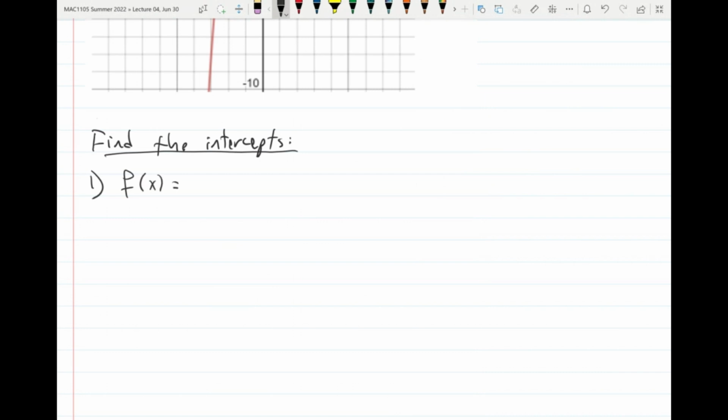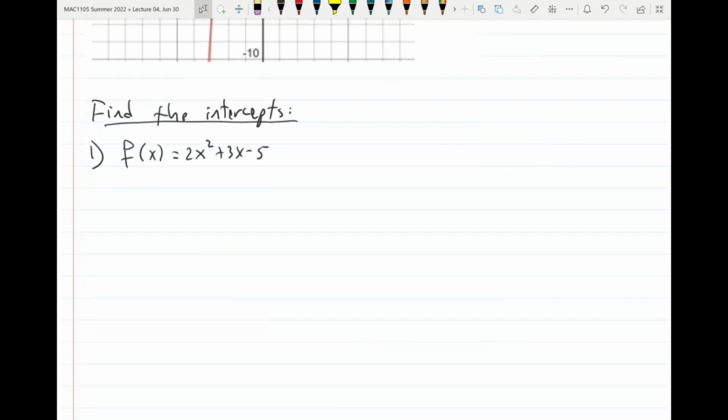And remember, this is important information to find anytime that you're going to graph something later on. You need to tell me the intercepts. So let's do this one, and let's do this one. I'm going to do number 1, and then I'm going to let you try the others.